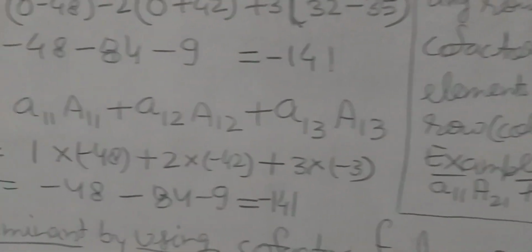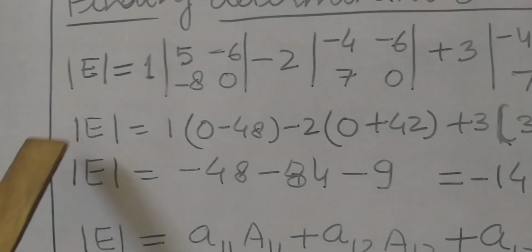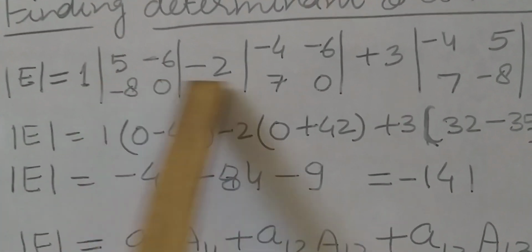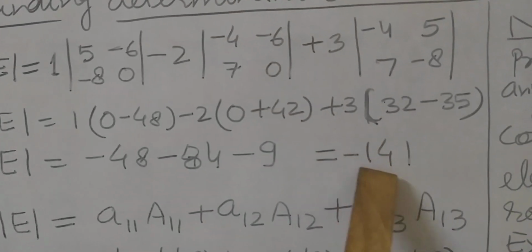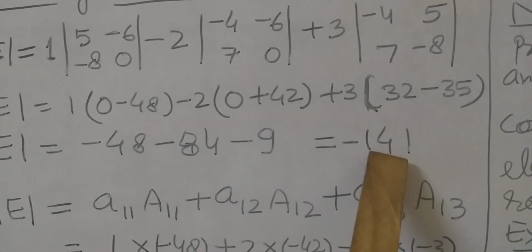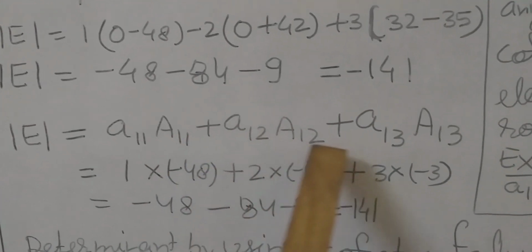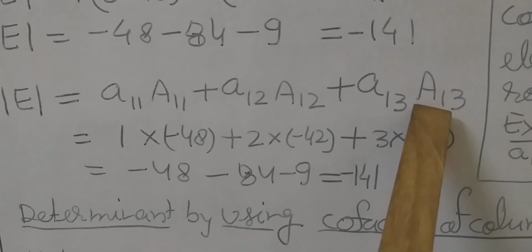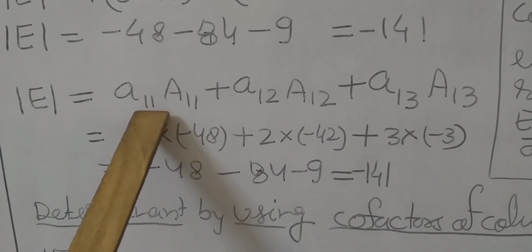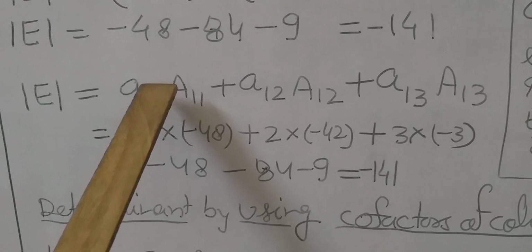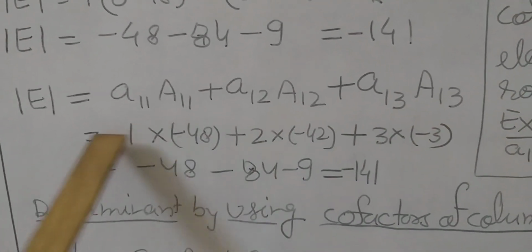So you can see, if we find the determinant of the matrix directly by expanding a row or column, this is the answer, and the same answer we can find by using cofactors. The sum of the products of the elements of any row by its cofactors gives us the value of the determinant.